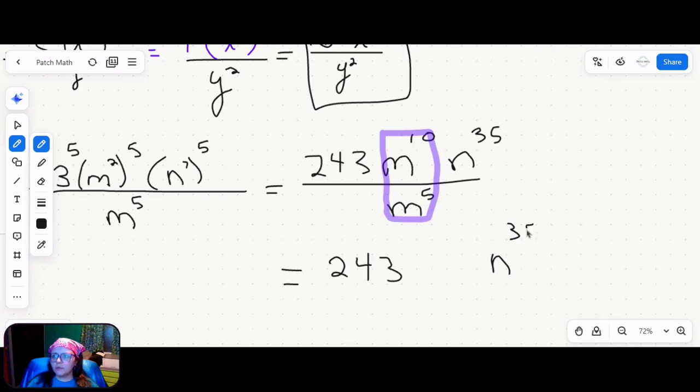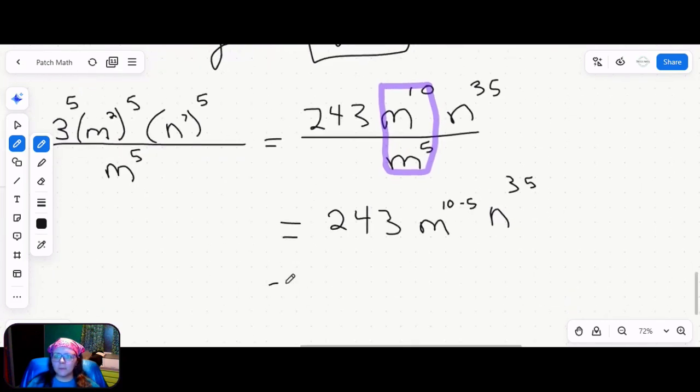And if you review the second video in this exponent rule series, you'll see that quotient rule says we can do m to the 10 minus 5. And so that equals m to the 5th n to the 35th. And we are done.